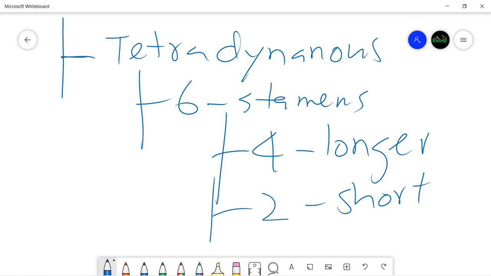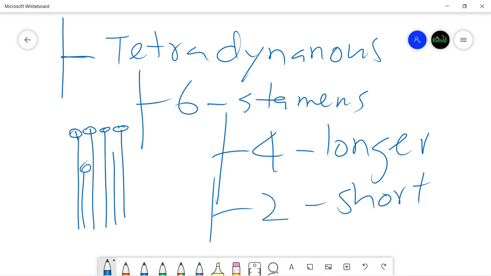So we have a total of 1, 2, 3, 4. So these four stamens are longer in size, whereas two stamens like this are of shorter size or smaller in length. Their filaments are smaller than the other four. So this is a special condition, and it is found almost throughout the family.